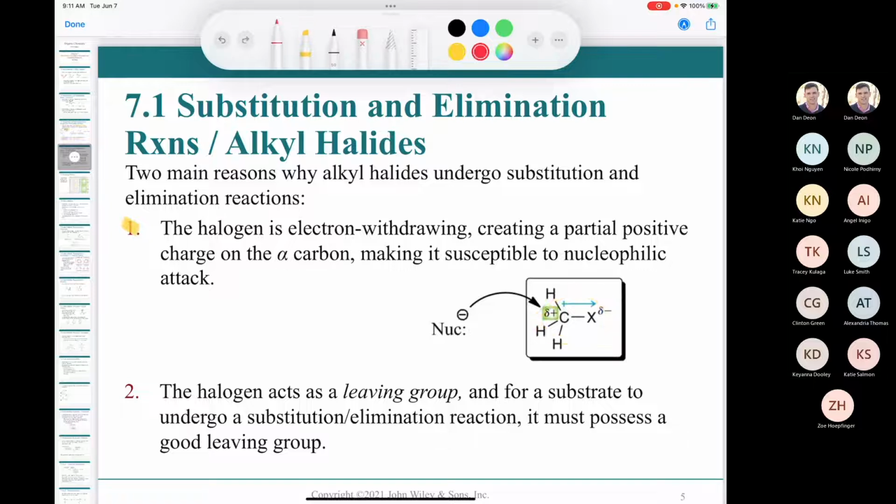Right, we looked at this example the other day when we were talking about nucleophiles and electrophiles, and we had methyl chloride. I'll just draw it here for you quickly.